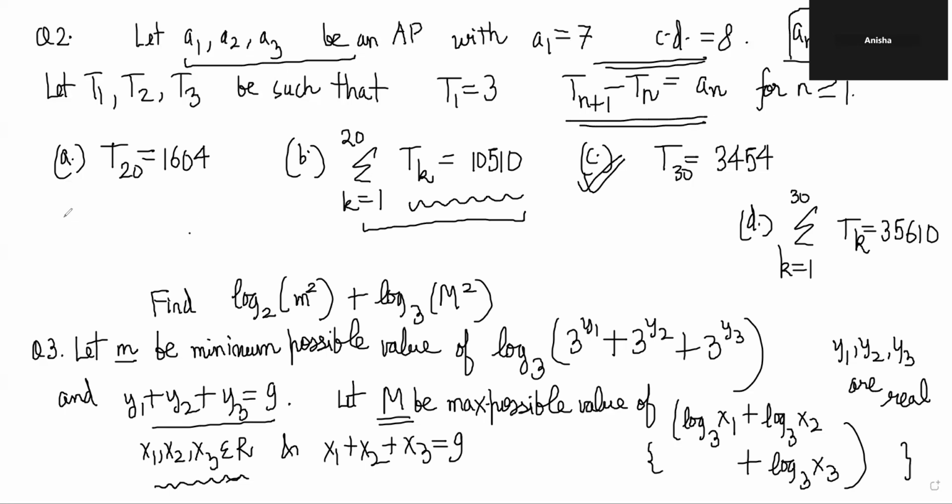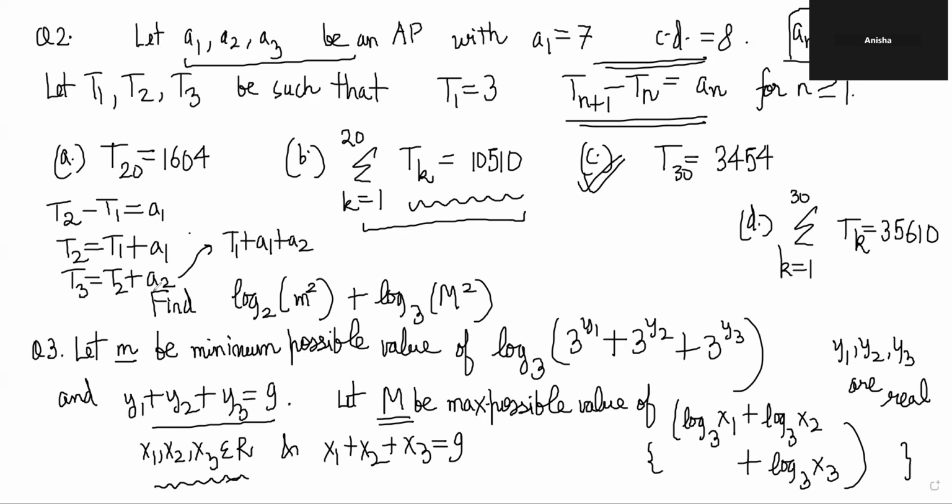If I put n equal to 1, I get T2 minus T1 is A1, so T2 is T1 plus A1. Similarly, T3 will be T2 plus A2, but if you put T2 as T1 plus A1, you get T1 plus A1 plus A2. So T3 is coming as T1 plus A1 plus A2.